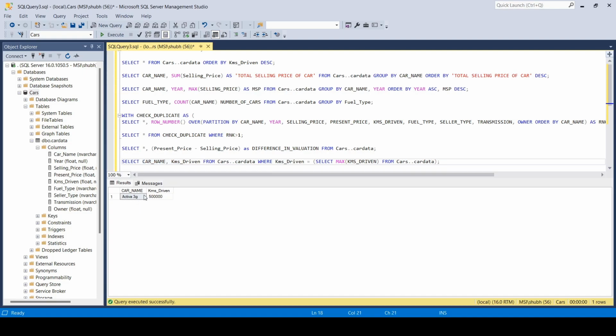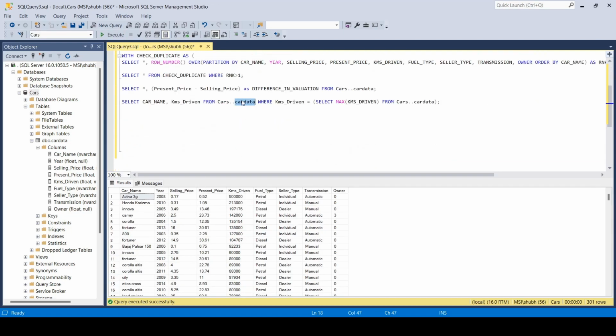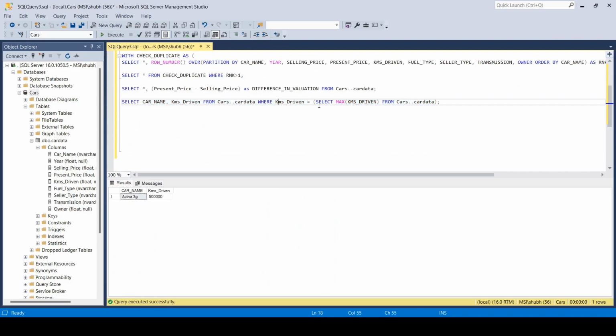Let's see, the car name Activa 3G was the car which was mostly driven, and that is where we found it initially. Use a subquery to find the same thing.